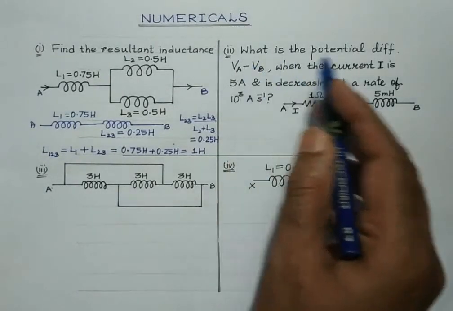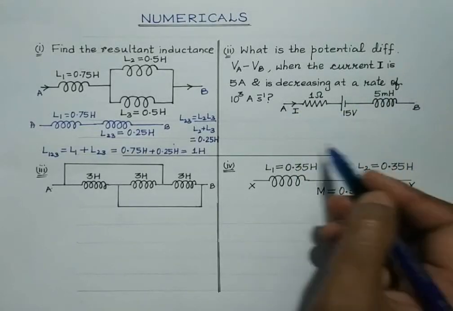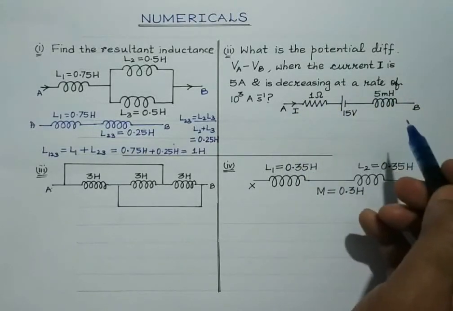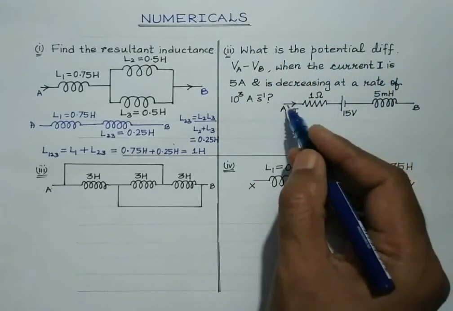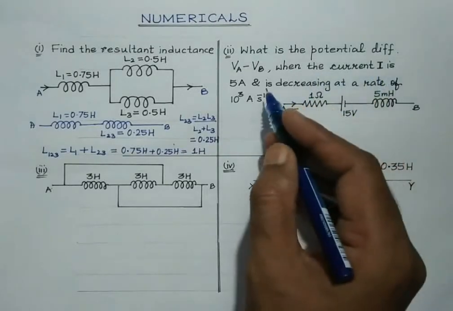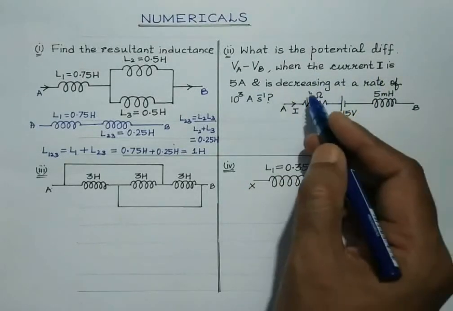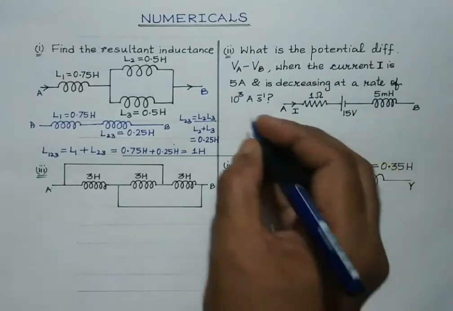Let's proceed with the second question. This is part of a closed electric network. We are supposed to find out the potential difference VA minus VB when the current I is 5 ampere and is decreasing at the rate of 10 raised to power 3 ampere per second.